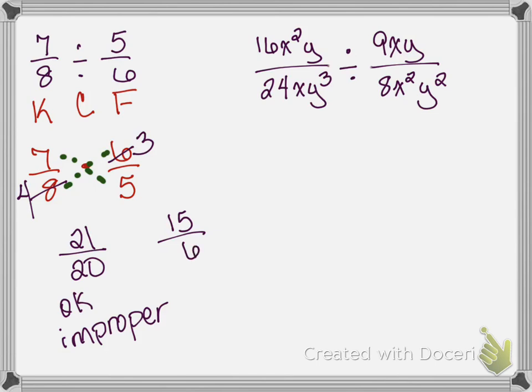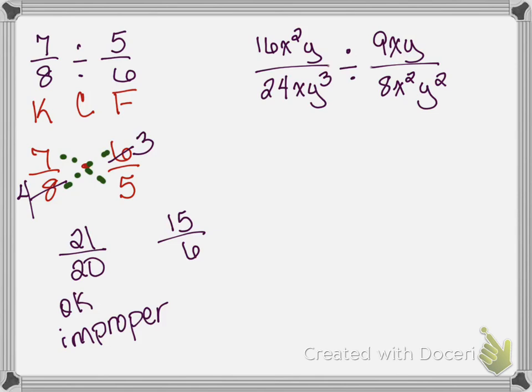15 over 6 is also an improper fraction. The fact that it's improper is not the problem here. The problem here is that both of these are divisible by 3. This is improper, but it's not simplified. So if I get 15 over 6, I still need to simplify that to 5 over 2. Okay?